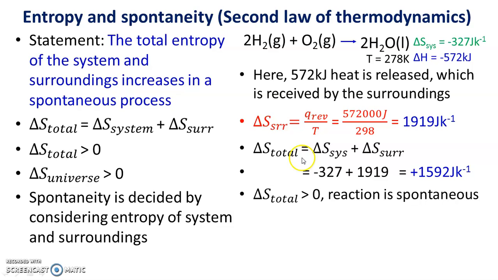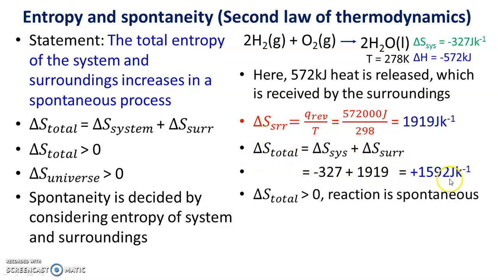So delta S total is equal to delta S system plus delta S surrounding, which is equal to minus 327 plus 1919. So it is equal to plus 1592 joules per Kelvin. It is positive.